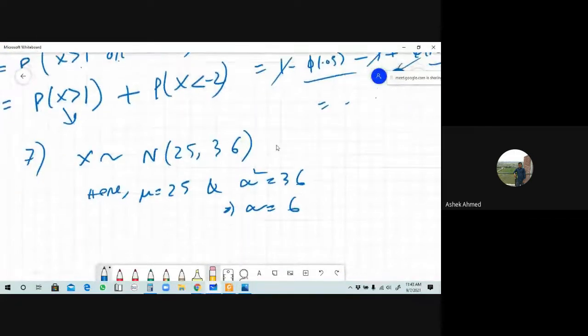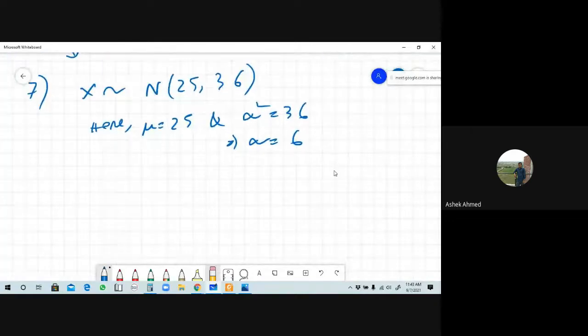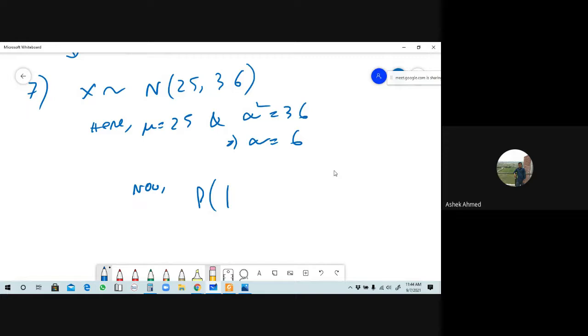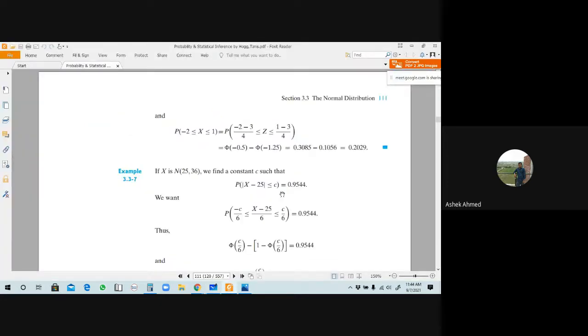ওকে, তাহলে এটা পাইলাম, সিগমা মান 6 পাবো। Now this given property: absolute value of x minus 25 is less than or equal to c equals 0.9544.